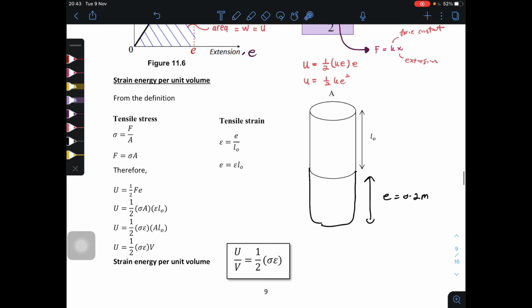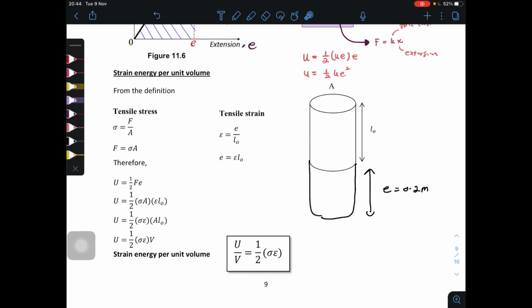Okay, apabila wire ni dia stretch, yang berubah bukan sekadar length sahaja. Actually the whole volume of the wire, area ni akan berubah, the length of the wire also berubah. Maksudnya volume of the wire will change.